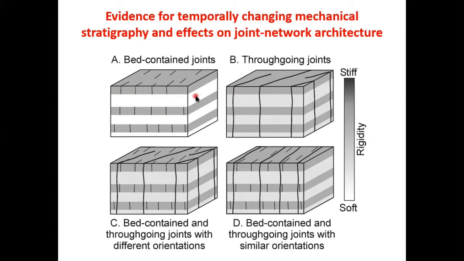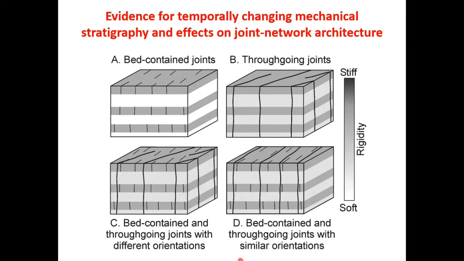With increasing rigidity, you can see these joints can propagate and they can get connected. We call it linkage, joint linkage. As a result of joint linkage, these joints can grow out in one direction and they can become continuous structures. And other new structures can form at the same time.